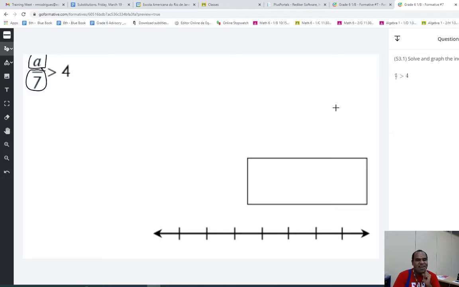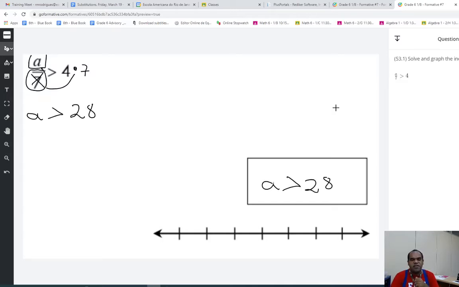It's dividing by 7. What is the opposite of dividing by 7? Multiply by 7. And goodbye, dividing by 7. a is greater than 4 times 7, 28. And here's my solution. a is greater than 28.